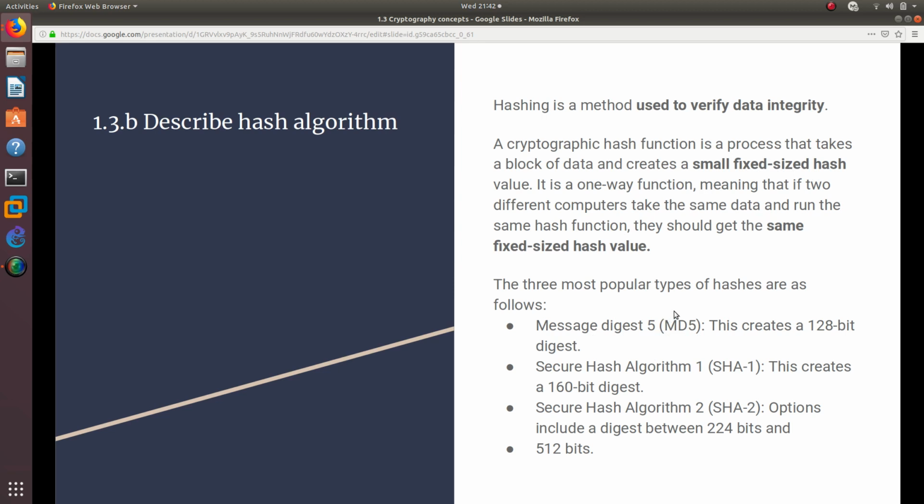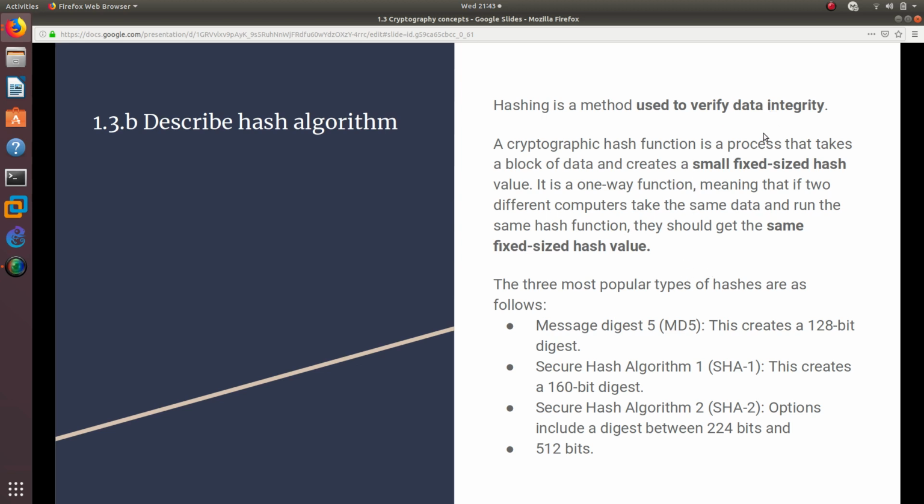So that way, whenever you hash something and then you get that value, you send it over to somebody, and you send that person the fixed size hash value, and that person runs the same algorithm that you used. And if he has a different fixed size hash value, then that person is going to know that somebody was messing with that data, and data integrity is no longer available.